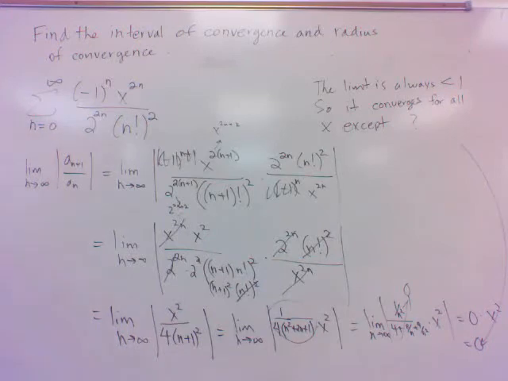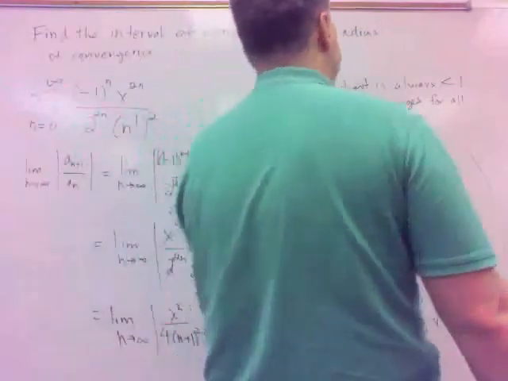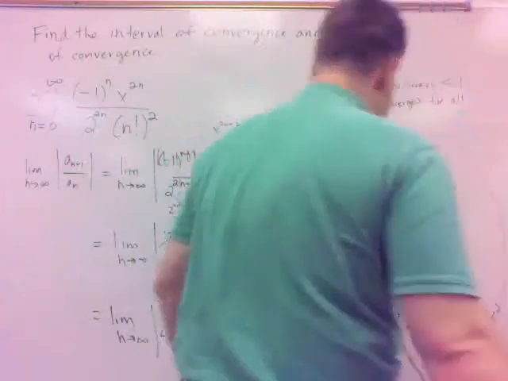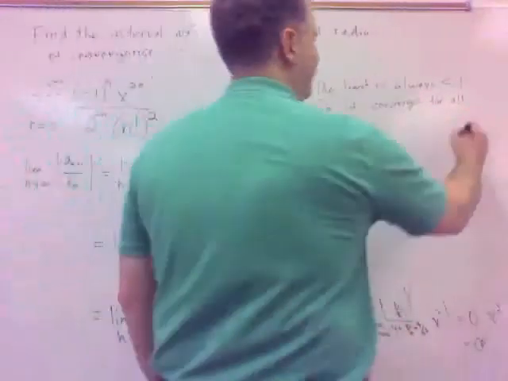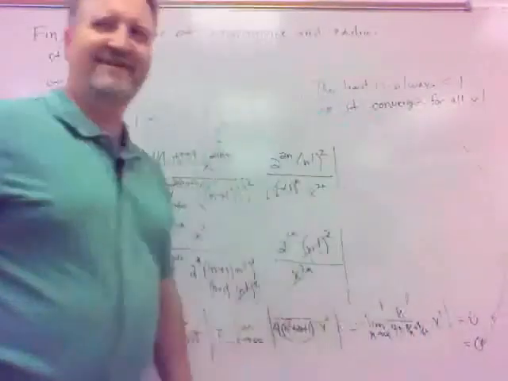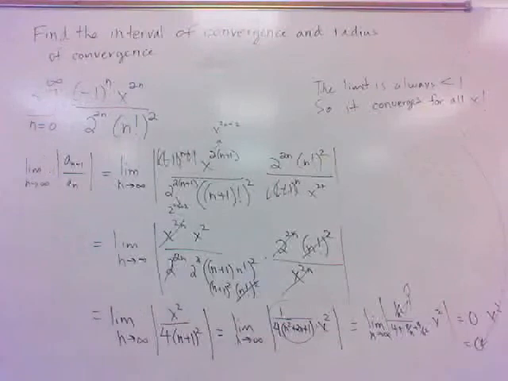Oh, no, okay. I'm thinking something else. Sorry. No exception. Okay. For all x. I was thinking the other way. We've got convergence everywhere. There's nowhere it's not convergent.